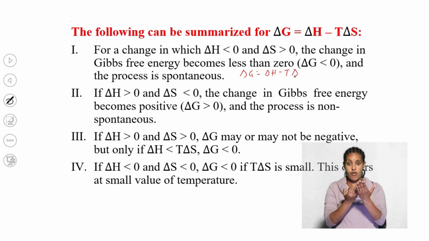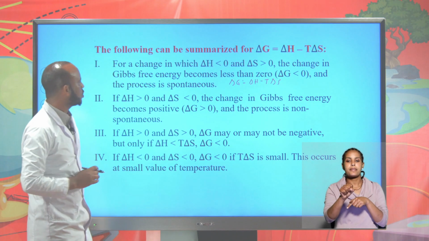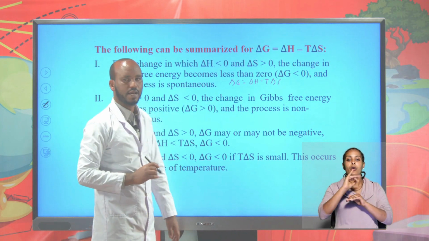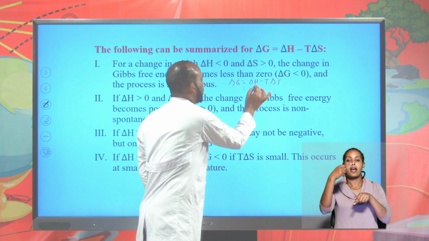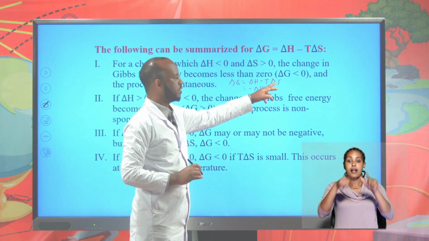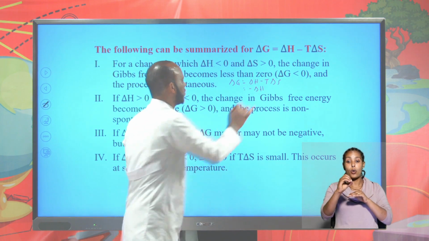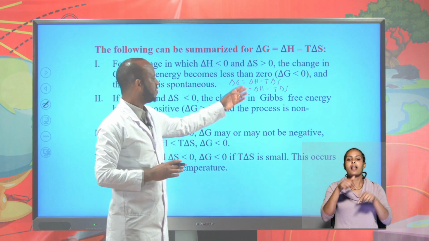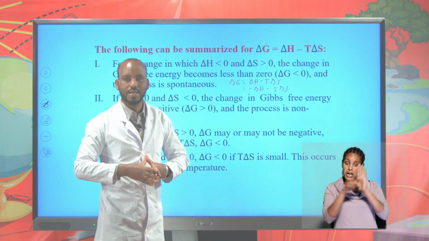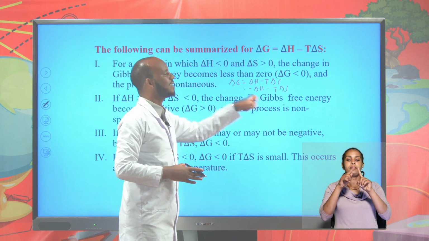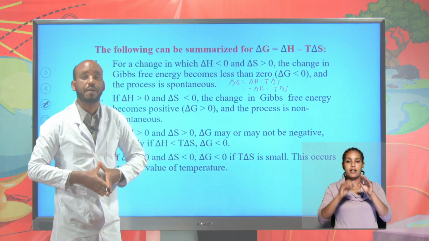Here delta H less than 0 is negative, minus delta H. Delta S greater than 0 is positive, positive times negative is negative, minus T times delta S. Negative plus negative is always negative. Therefore, the Gibbs free energy change delta G is less than 0 for all temperatures.